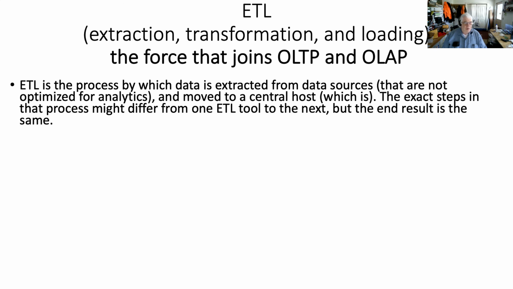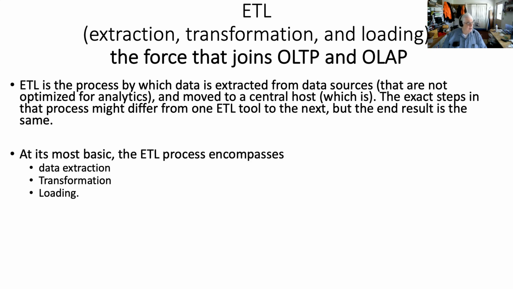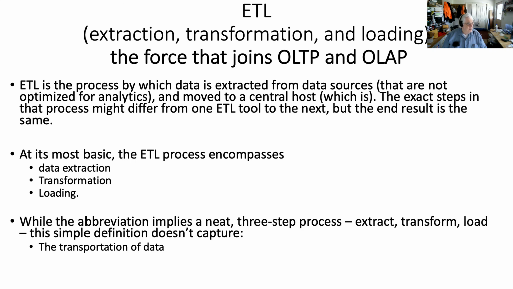It's moved to a central host. The steps in the process might differ from one ETL tool to the next, but the end result's the same. At the most basic, you extract data, you transform data, and you load data into another system.